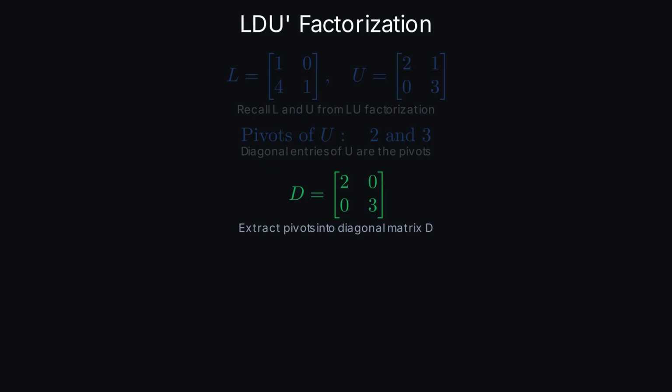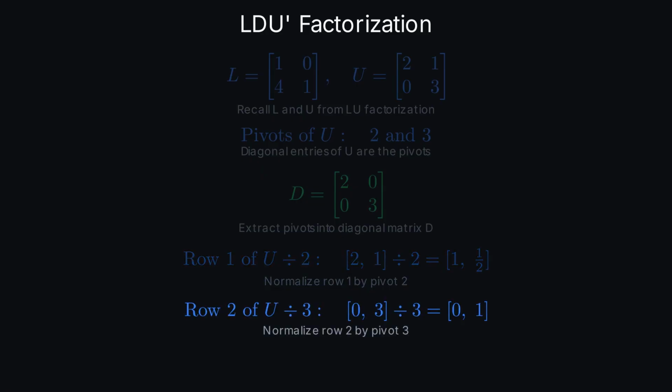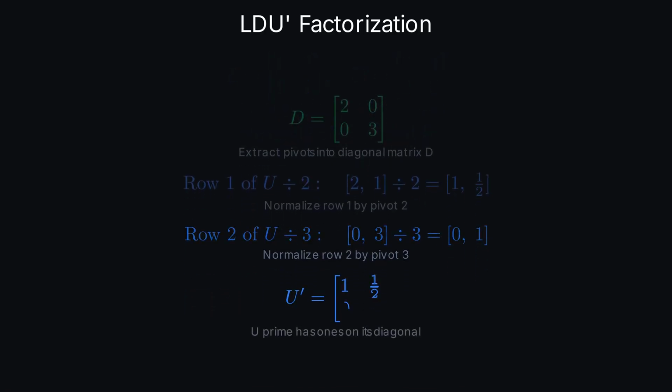Next, we divide each row of U by its corresponding pivot. Row 1 of U is 2, 1. Dividing by the pivot 2 gives 1, 1/2. Row 2 of U is 0, 3. Dividing by the pivot 3 gives 0, 1. We call this new matrix U prime: 1, 1/2, 0, 1.